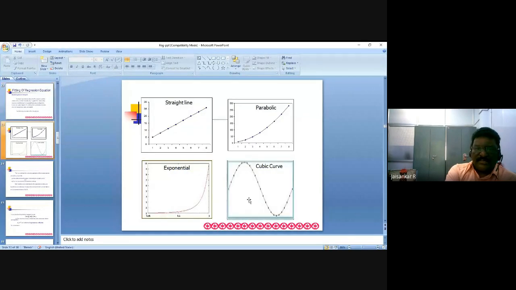Note that this is a straight line. This is parabolic. This is exponential. This is a cubic curve. On plotting the points itself, one may notice what kind of relationship those variables have. So this is called the preliminary step for doing any regression analysis.